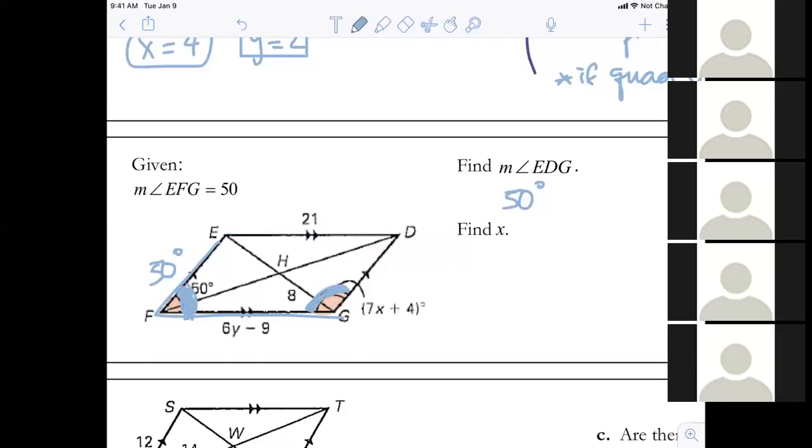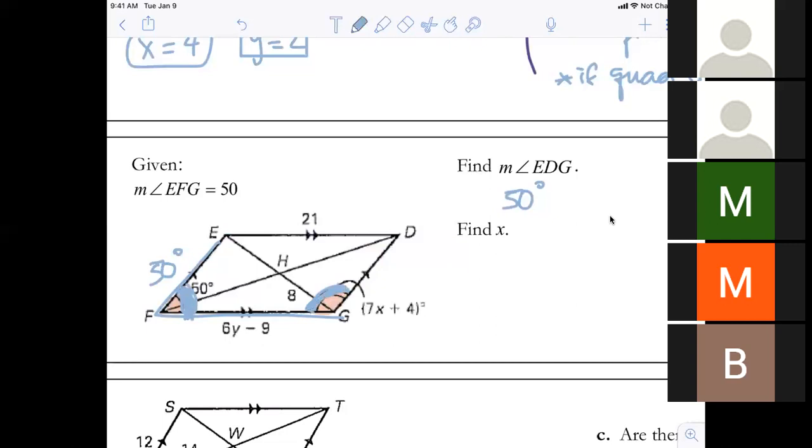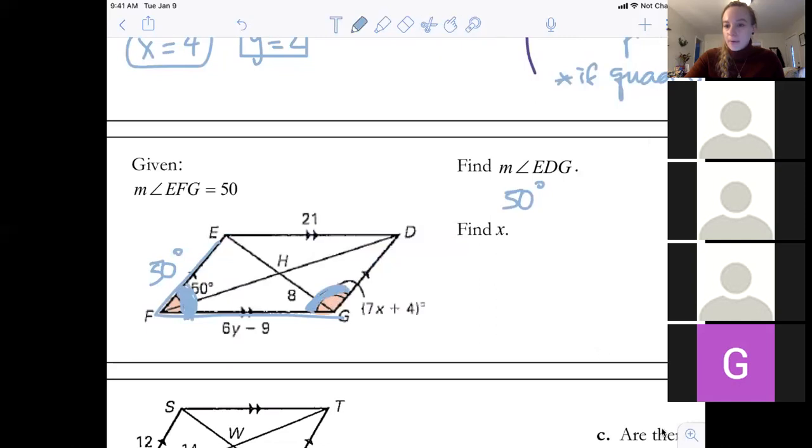Ben, how would I set up an equation to show that they're supplementary? Ben, you with me?